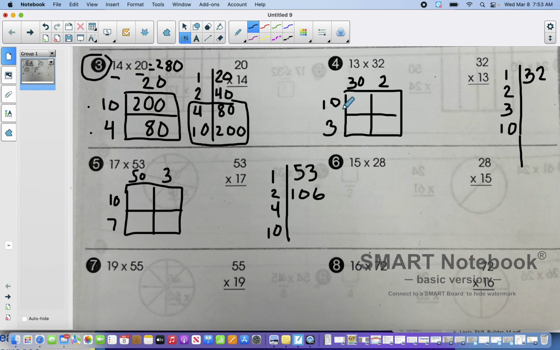Did you count by tens 30 times? 10, 20, 30, 40, 50, 60, 70. Did you keep going till you got to 300? 2 times 10. 10, 20, count by multiples of 10. Then we're going to do 3 times 30.